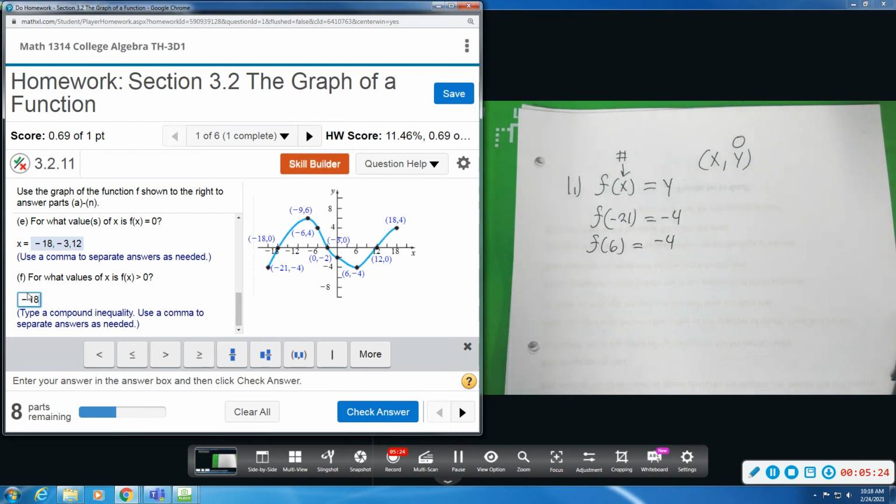So we're going to say negative 18 is on the left, so it is less than all of the other x values that are positive. So we put less than x, and then that goes over here until we stop at negative 3. So what this inequality means is that this graph is positive from negative 18 to negative 3.